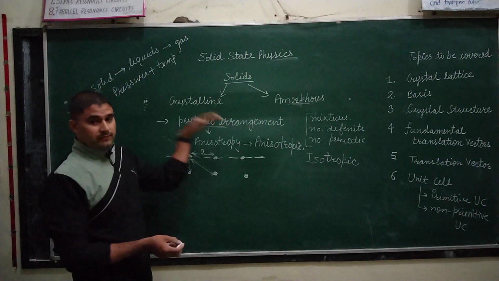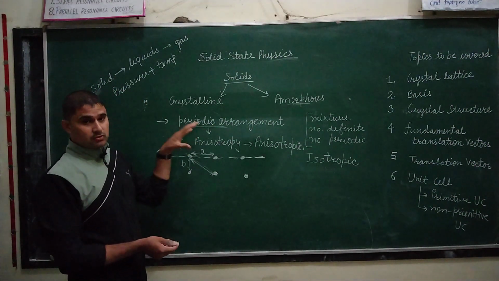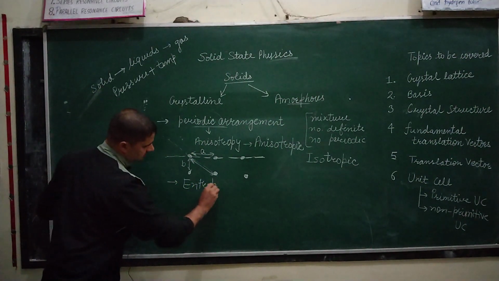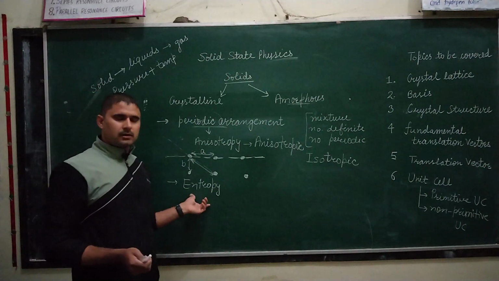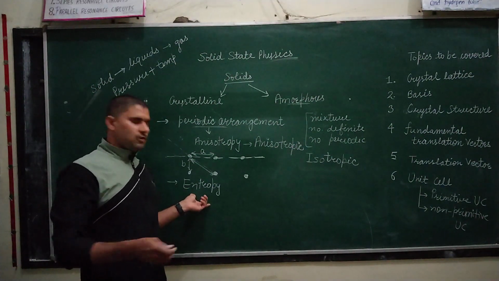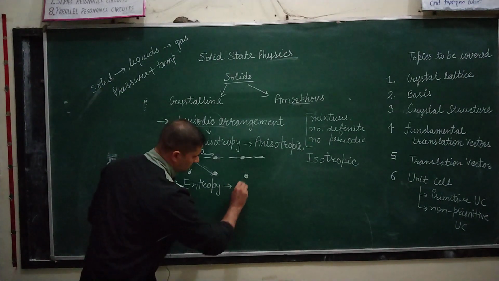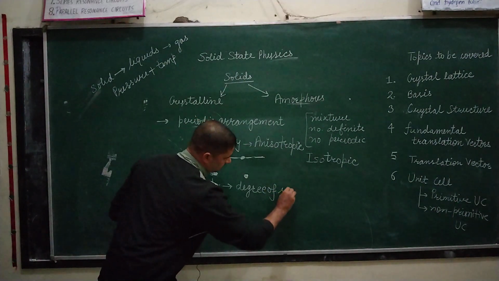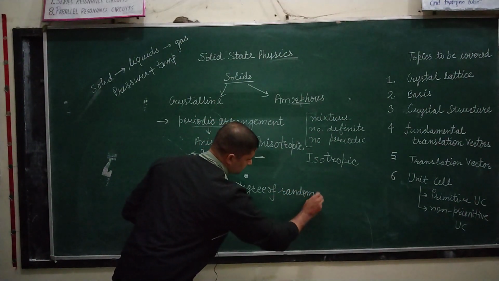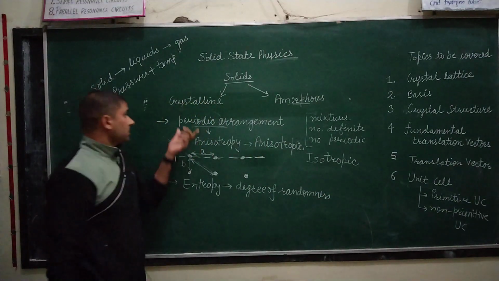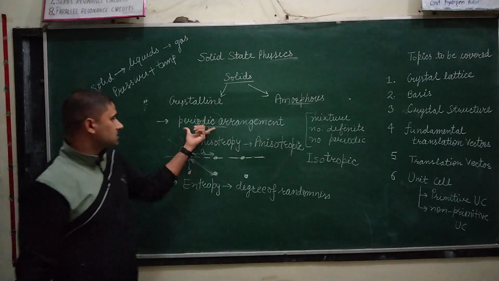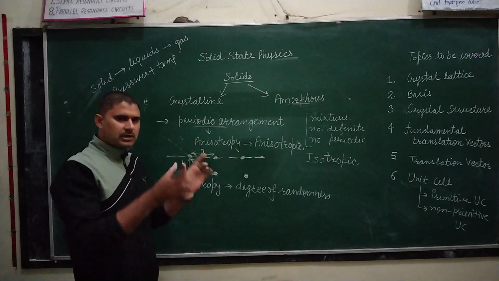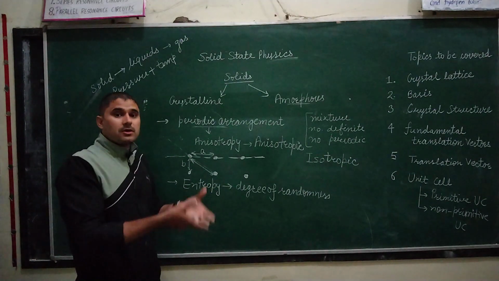Due to this periodic and definite arrangement, one more property you can draw, that is entropy. You know that entropy is the measure of degree of randomness. So class, in crystalline solids, particles are arranged in periodic and definite arrangement, and definite arrangement leads to higher order.